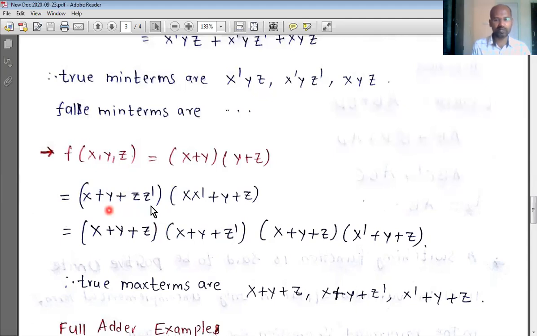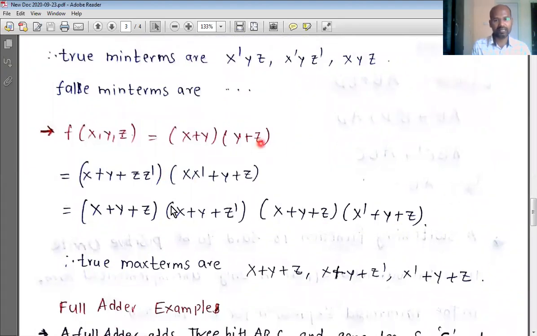By using the distributive law, this can be expanded like this. In the same way, x plus y plus z is this term, x bar plus y plus z is that term. This and this are exactly one and the same. Although this one looks like a lengthy expression, both expressions yield the same logical output.